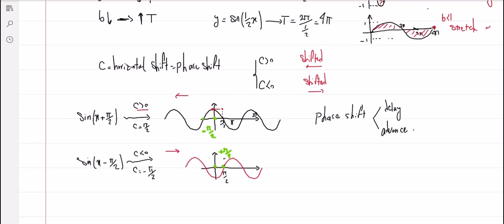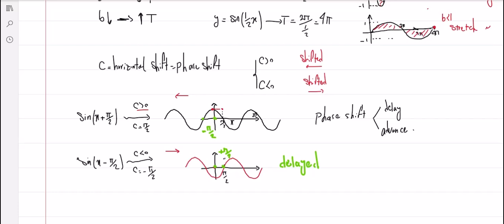But the second one, the initial point, which should have started at 0, actually started at positive pi over 2. So it means it had a delay. So we can say that this one was delayed because it started later than its usual. It started at pi over 2 instead of 0.